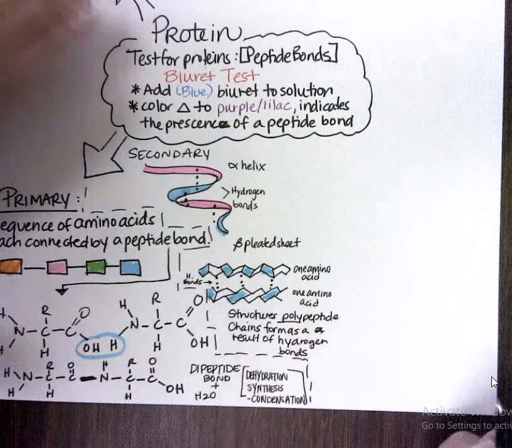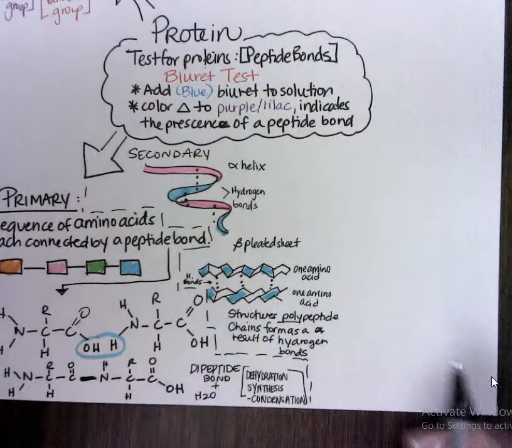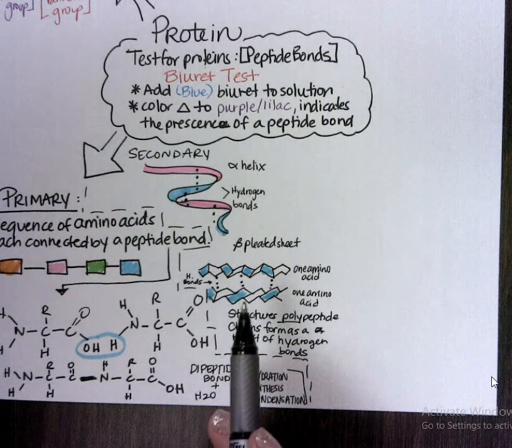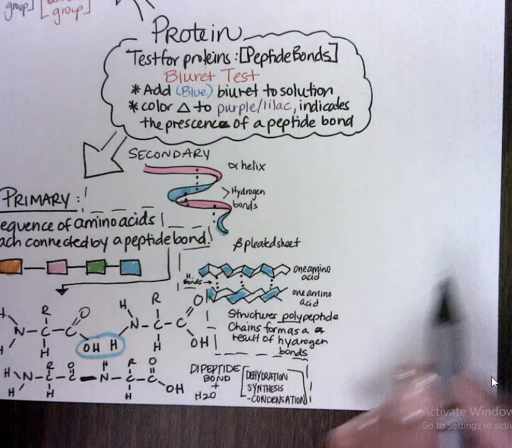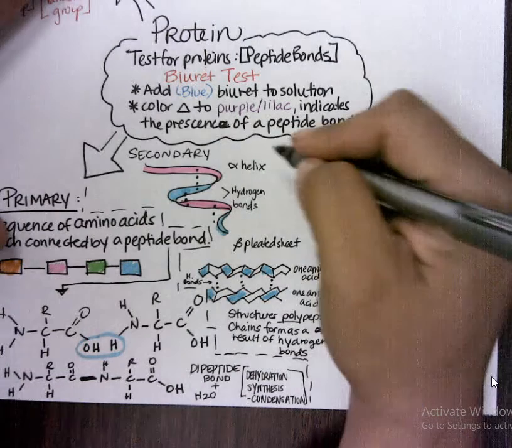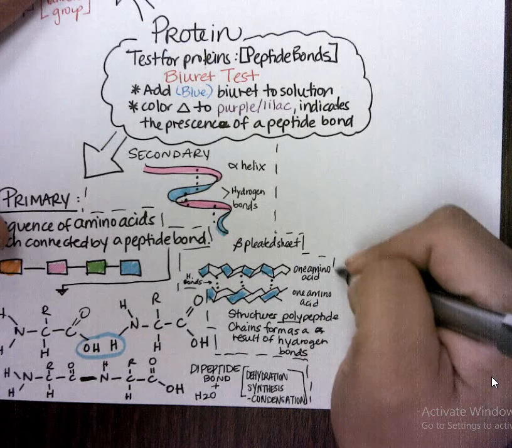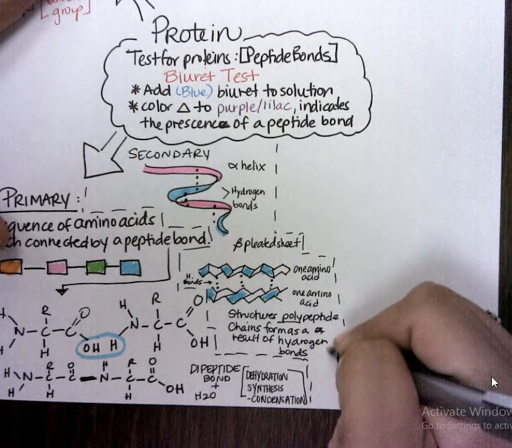So how they orient themselves, whether it's an alpha helix or a beta pleated sheet, is dependent upon the hydrogen bonding. And that's just the electric attraction between or amongst the amino acids. And we'll get into that, and you guys will see that as we continue on.